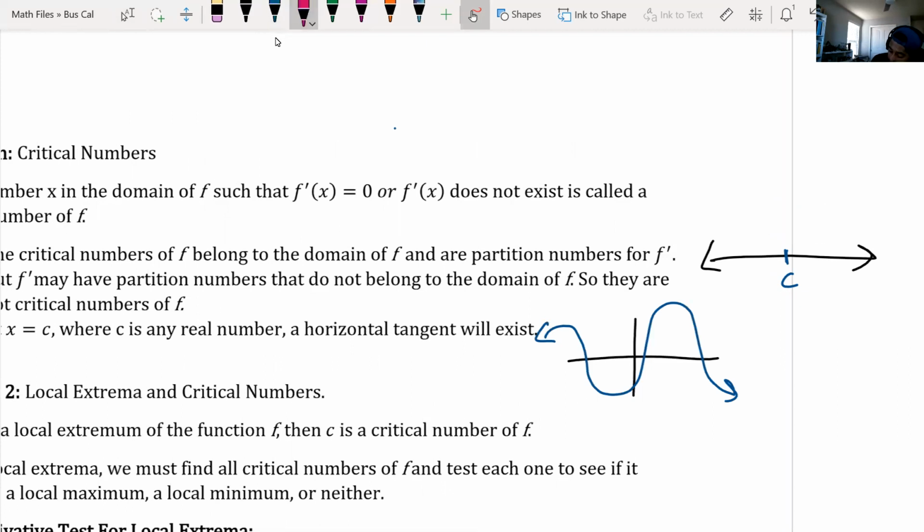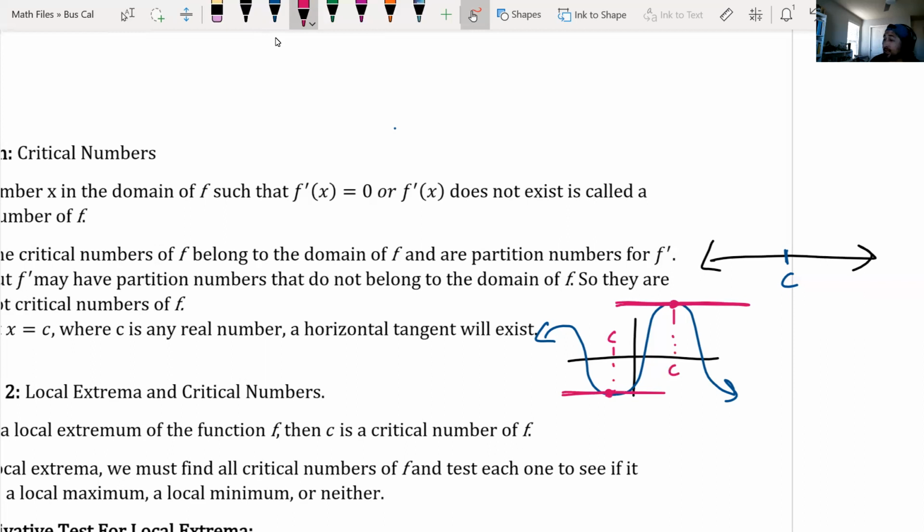Okay, so at this local maximum and local minimum, for my critical numbers of c, we say a horizontal tangent line will exist. So this means that you would have a tangent line that shares this point that is horizontal. And same thing down here.